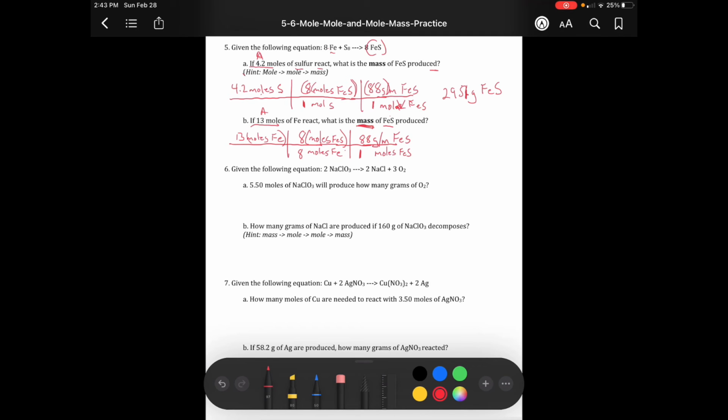Ready? So we just do our multiplication across the top. That's 13 times 8. Then we divide by the bottom, divided by 8. And then we multiply across the top times 88. And then we divide by the bottom, divided by 1.